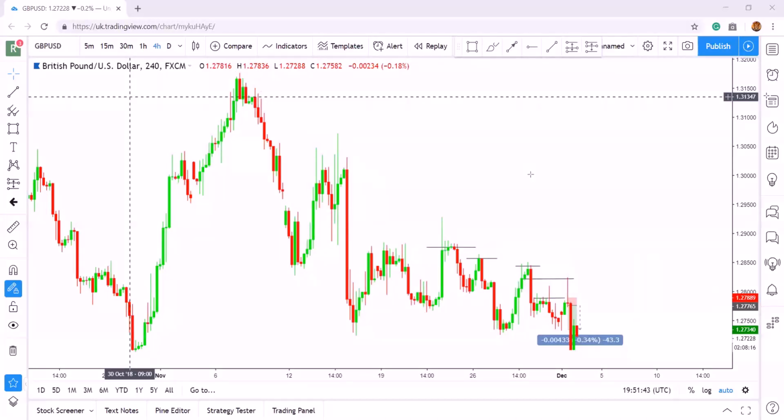This is how we can start illustrating what price action is. But in its simplest form, price action is how we make our decisions to take a trade, whether it be a sell or a buy, okay?